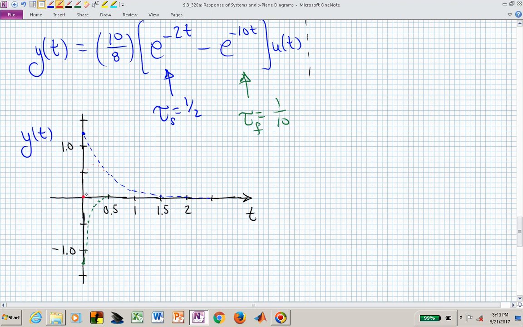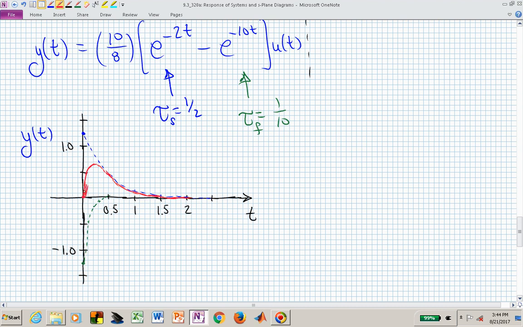But then we take and subtract the green, which is disappearing rather quickly, from the blue, and after 0.5 we're basically on top of the blue curve because the e to the minus 10t has vanished.